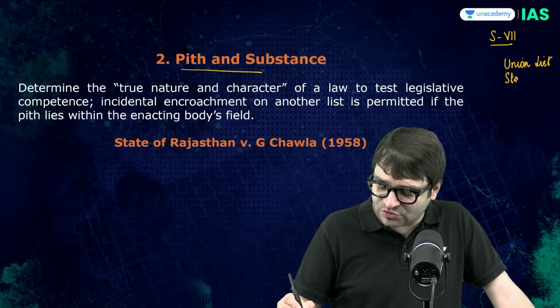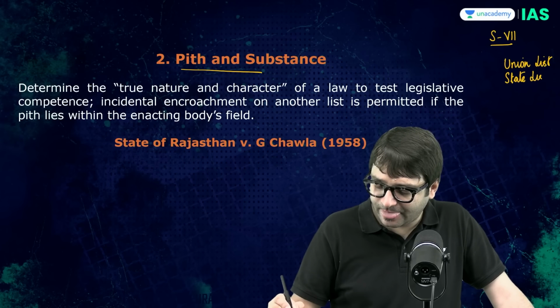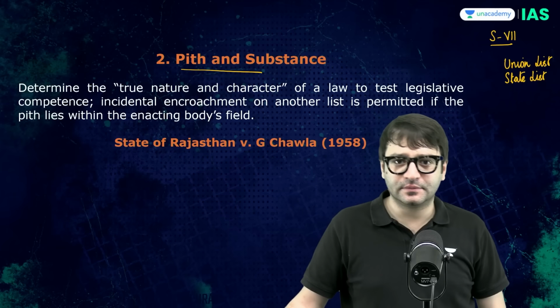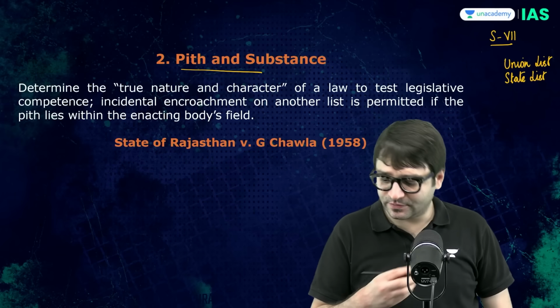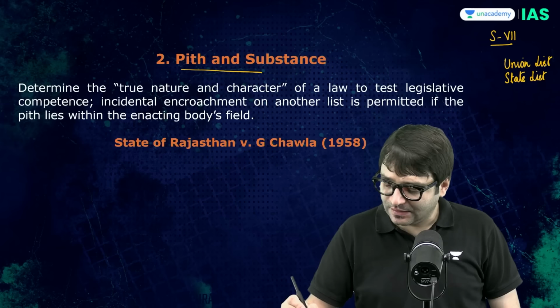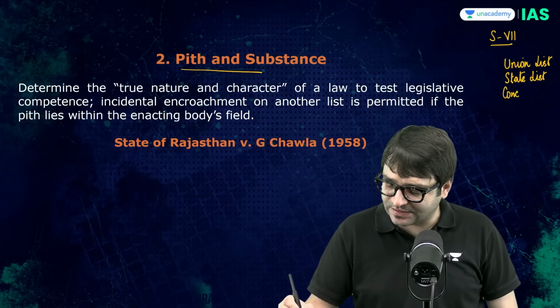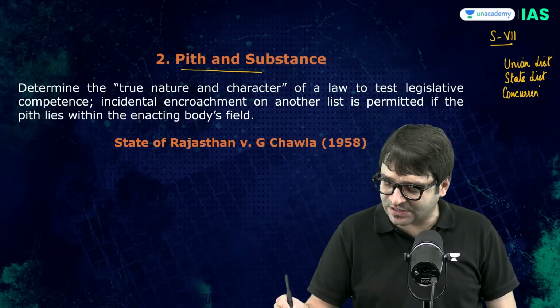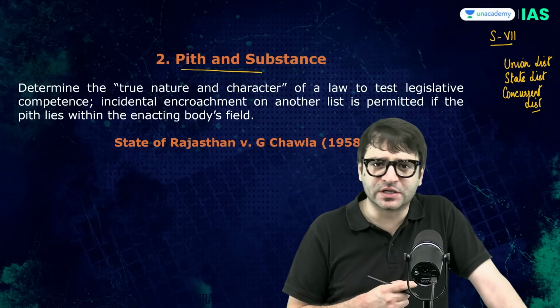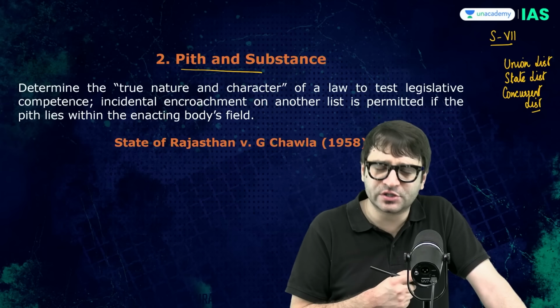Some legislative subjects are given to the state list: law and order, police, gambling, health, sanitation, local government. Some legislative subjects are given both to the center as well as states, the concurrent list. For example, education, forests, criminal procedure, civil procedure, and so on and so forth.